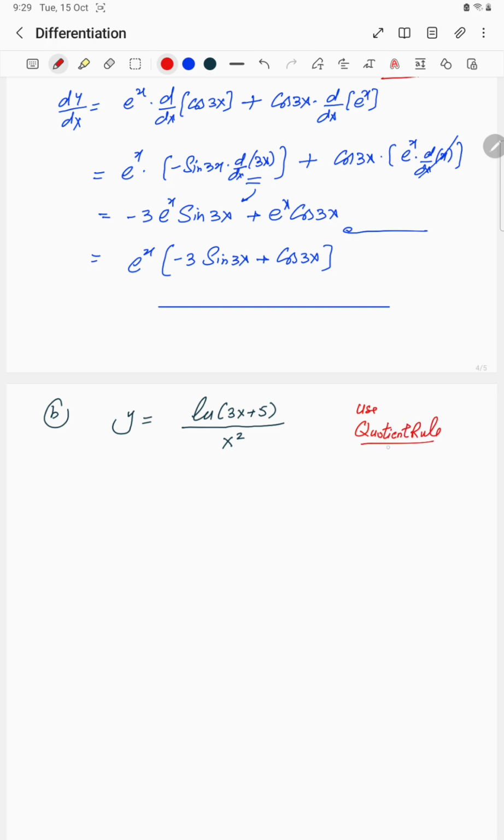This was in formula number 3. We will apply it directly here, and you need to keep that. The formula sheet will be provided to you during the exam.